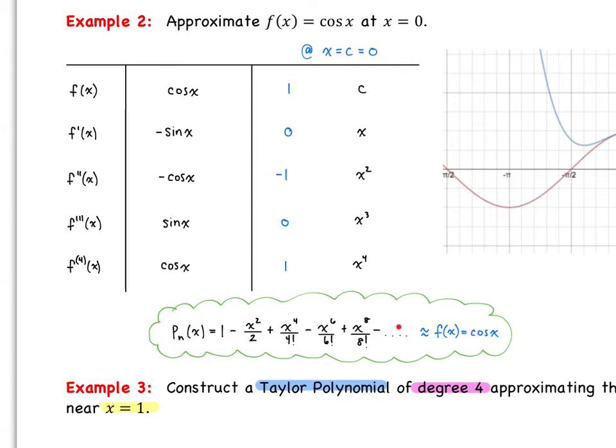So this is the Maclaurin approximation, or the Taylor approximation when c equals 0, of the function f of x equals cosine of x. Okay?